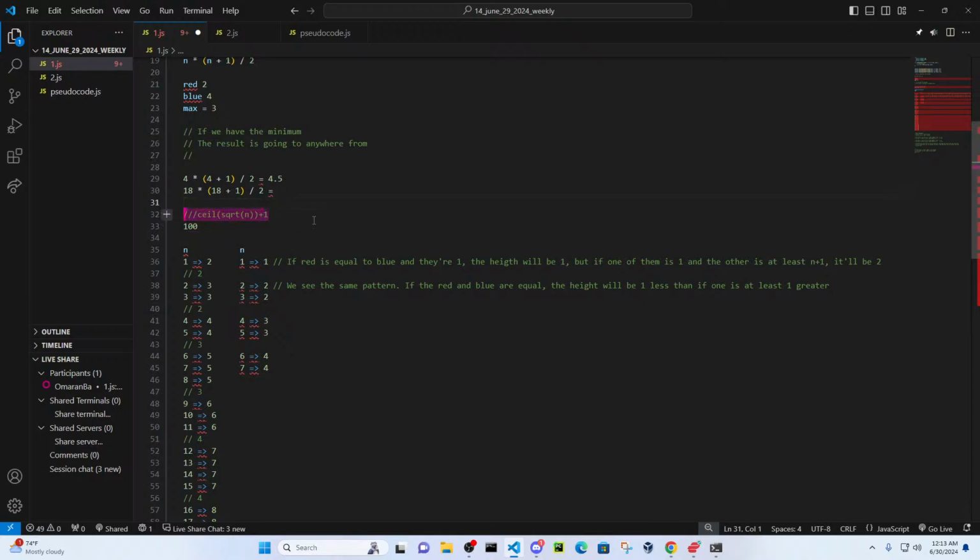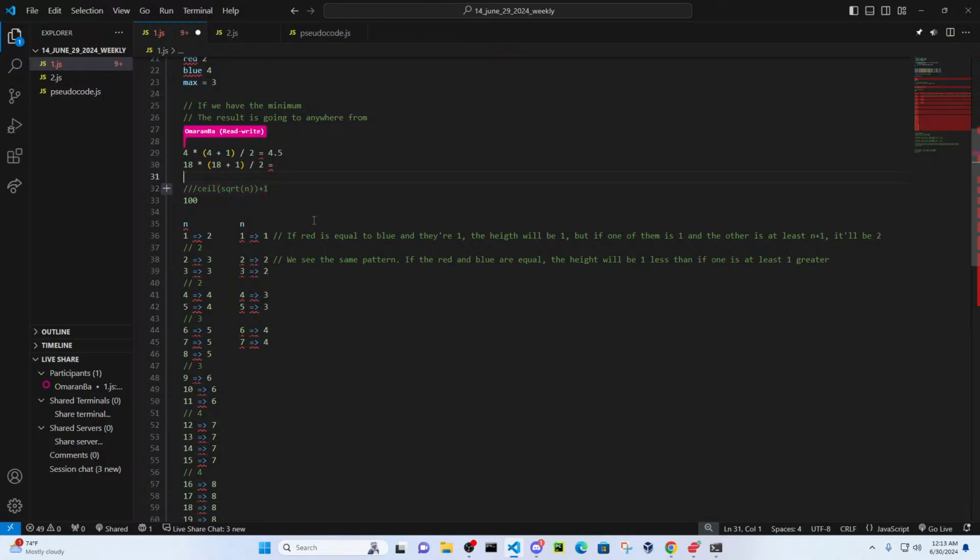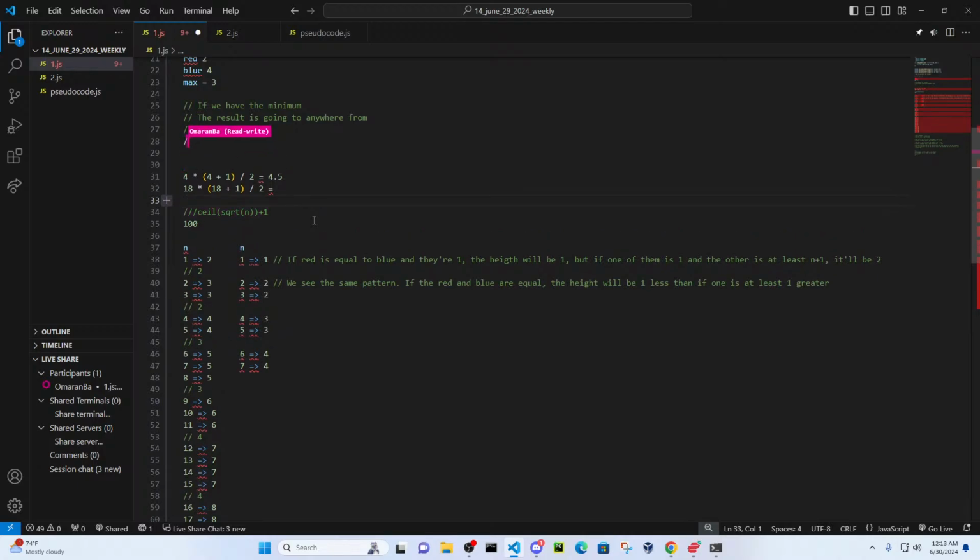I'm trying to figure it out because it will be the reverse. Basically, if you have sum equal to n multiplied by n plus 1 divided by 2, what we want to calculate is n. So n multiplied by n plus 1 is equal to 2 multiplied by sum.